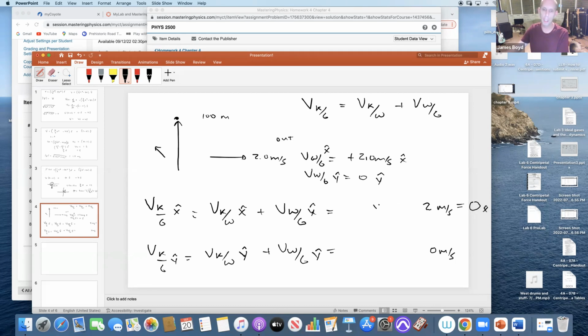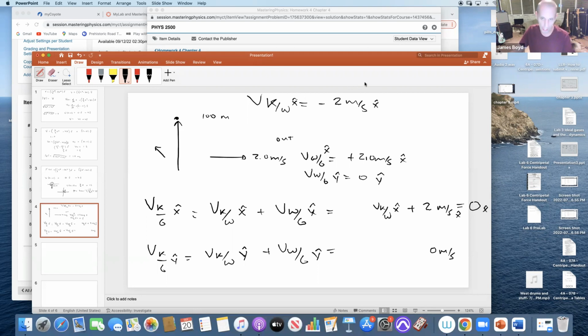What that means is the kayaker's velocity plus the water's velocity should equal 0. That's pretty easy to see. The velocity of the kayaker over the water must equal negative 2 meters per second.